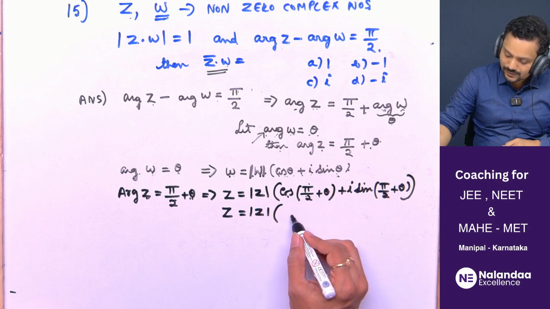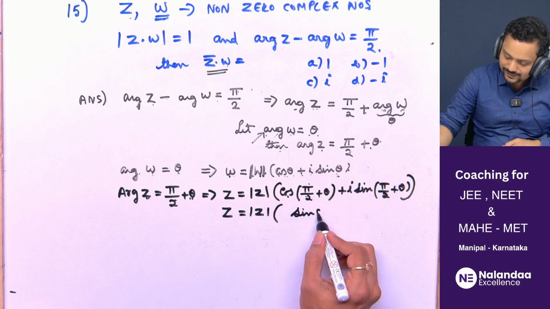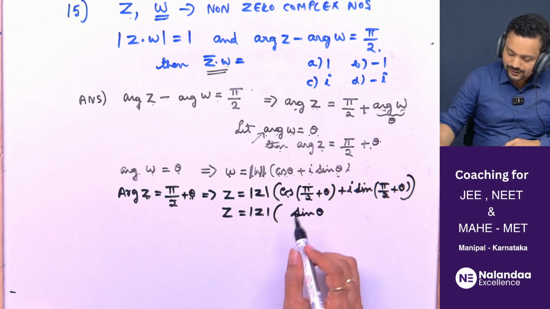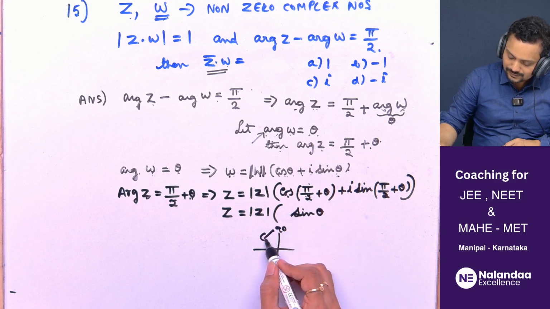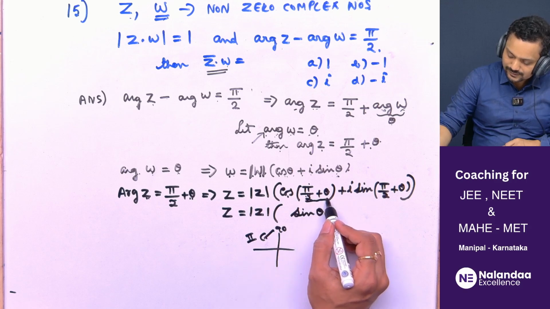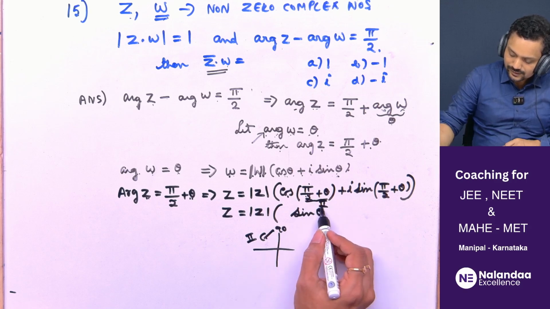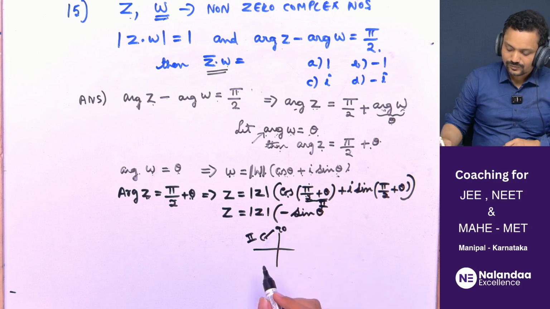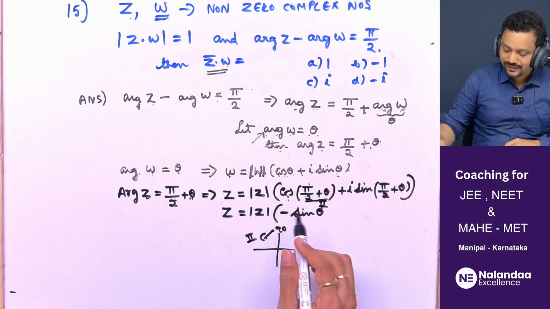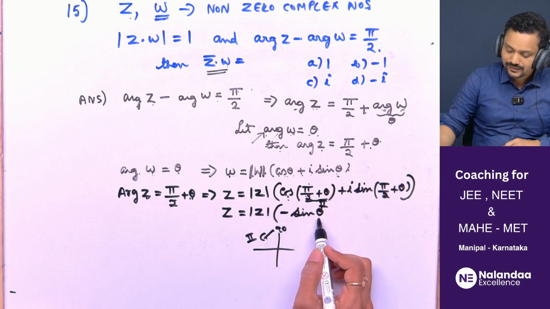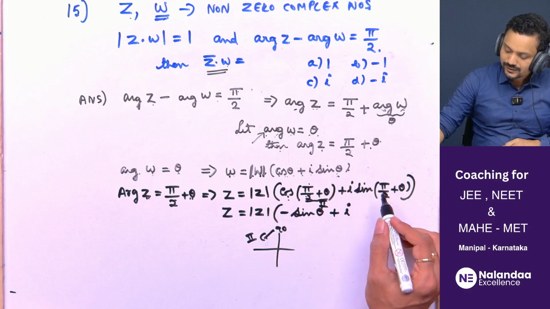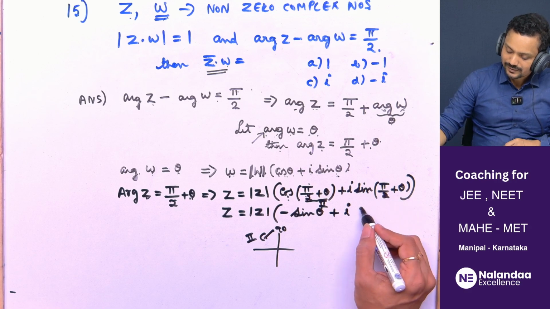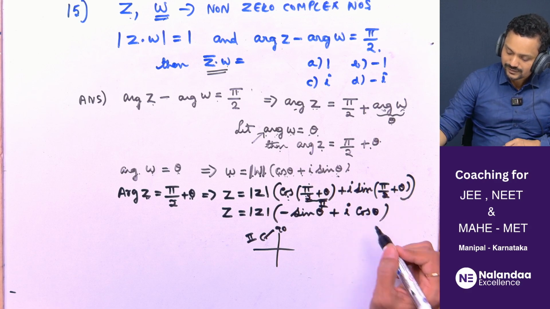So 90 plus theta is in the second quadrant, and in the second quadrant cos is negative. So cos of 90 plus theta is minus sin theta, plus I into, similarly, sin of 90 plus theta will be equal to cos theta.